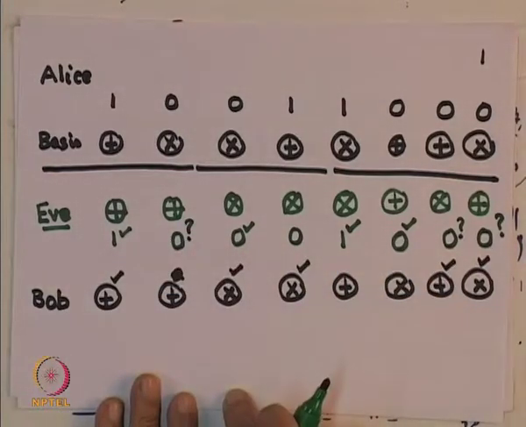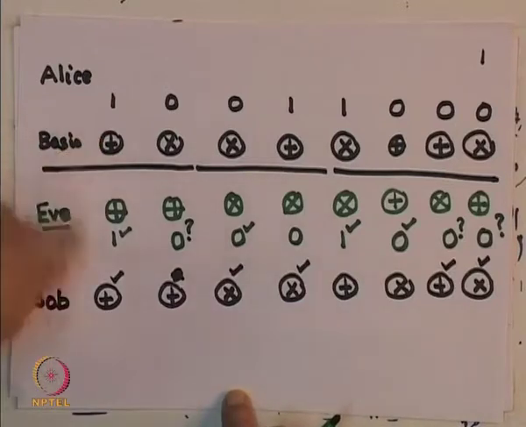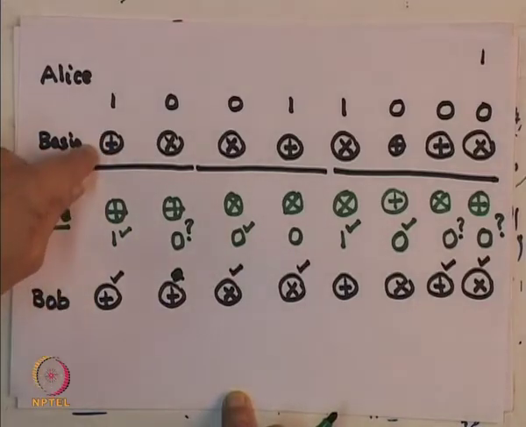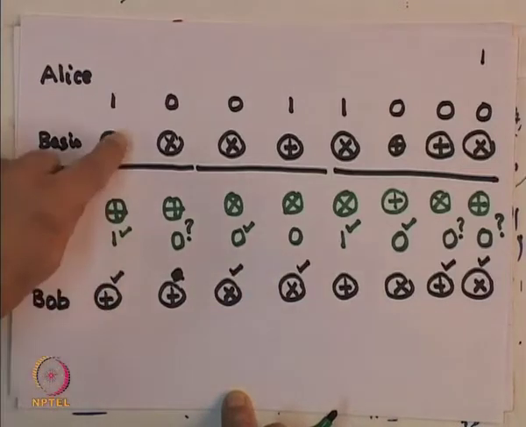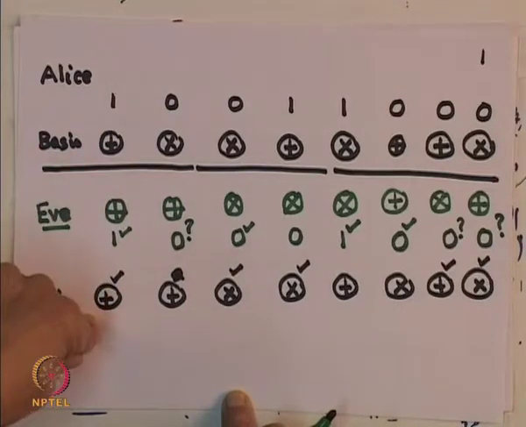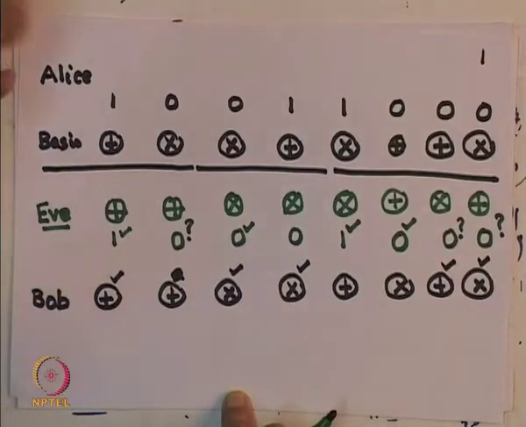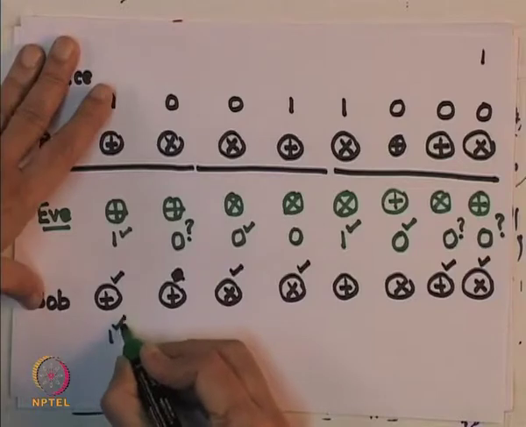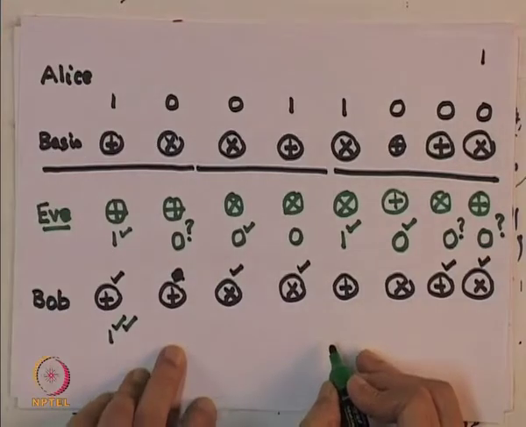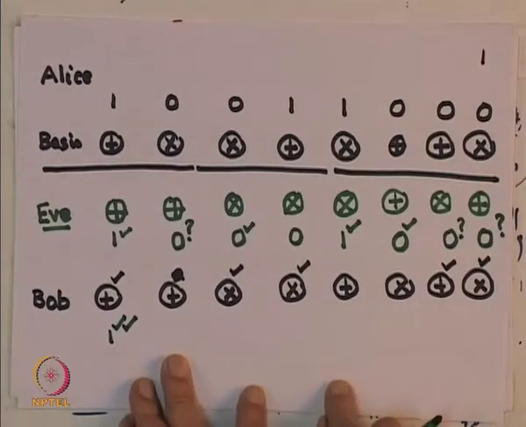Now let us look at what is happening. Bob would receive something, and what Bob would receive would depend upon whether all three bases are the same. In cases where the three bases are the same, Bob would receive exactly what Alice sent. So let me write down here 1, and put a double tick on it to show that everything has agreed there.